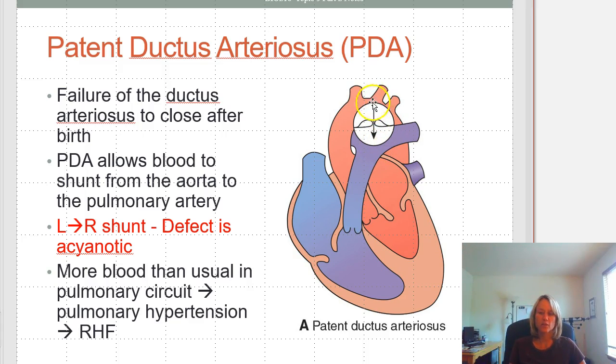Once again, it is going to be a left to right aorta to pulmonary artery shunt because the pressures in the left side in the systemic circulation are greater than the pressures in the right side. But we're going to end up with more blood than usual in the pulmonary circulation, so this can lead to pulmonary hypertension, put strain on the right heart, and right heart failure.